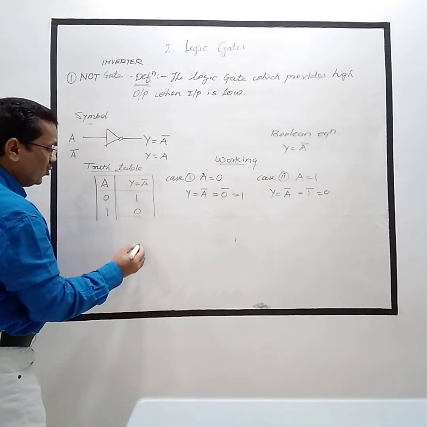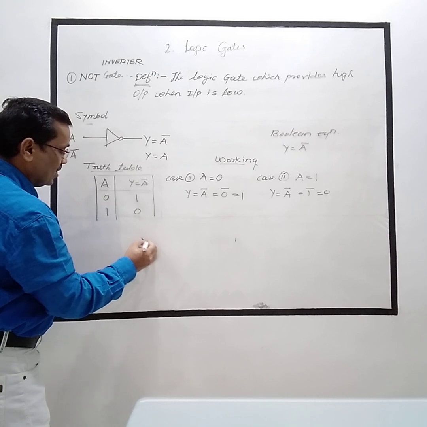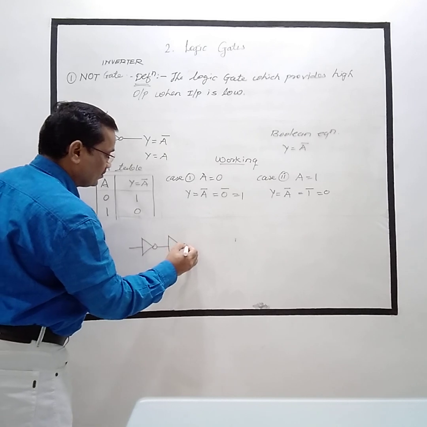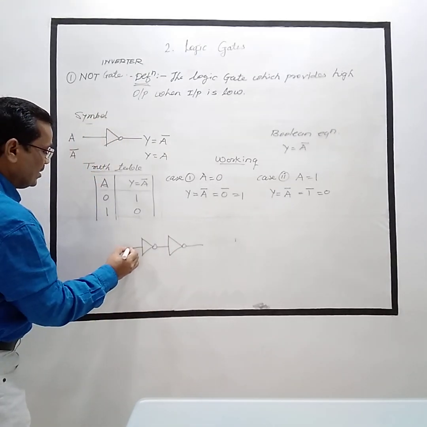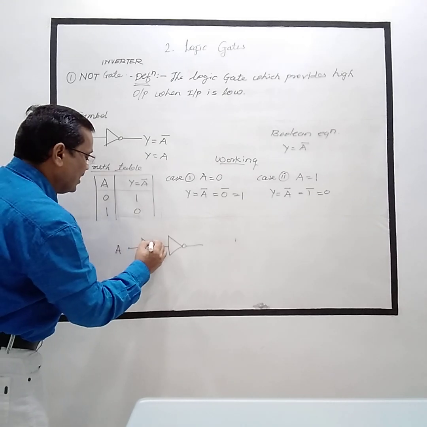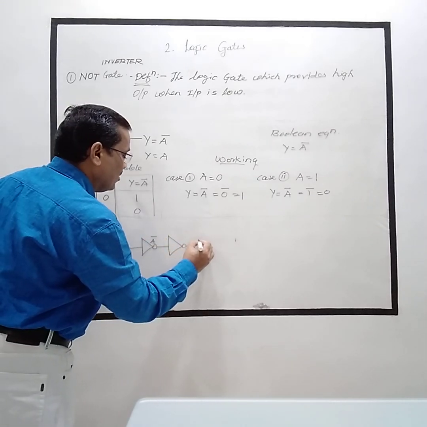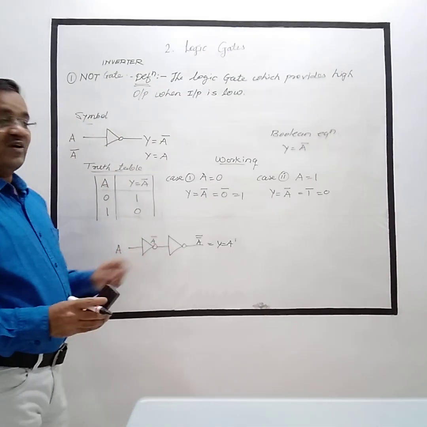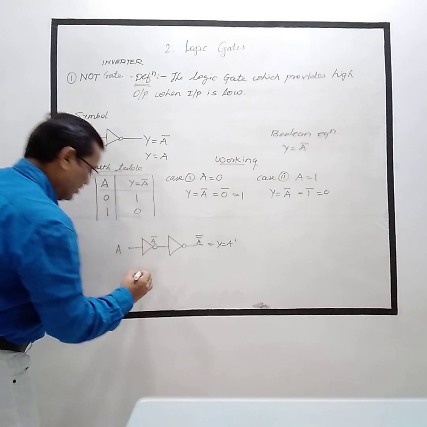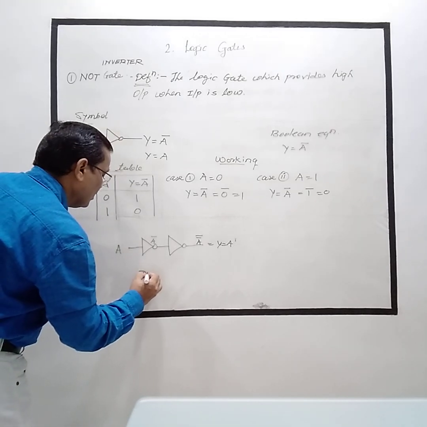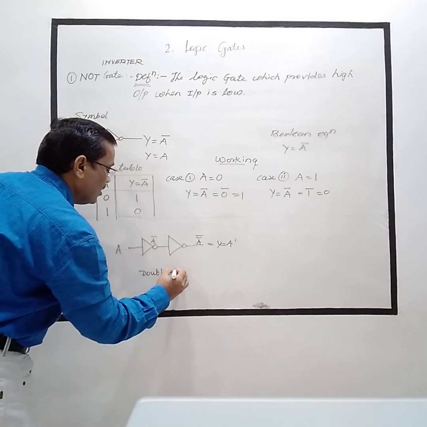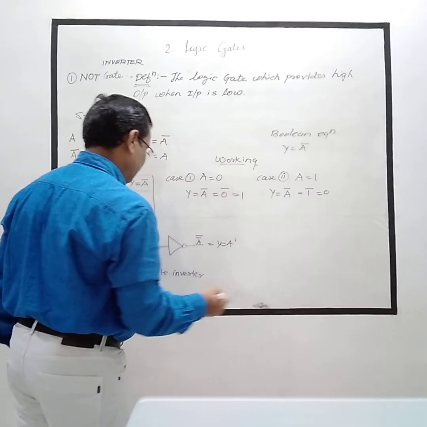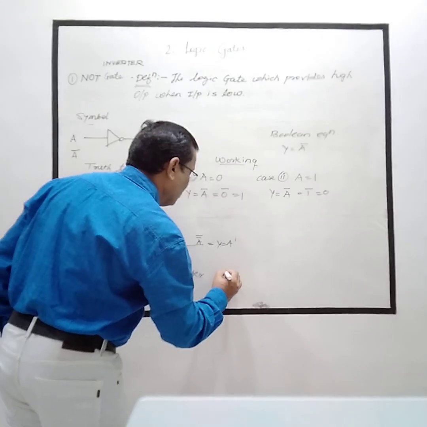Now if we connect two NOT gates end to end, if this input is A, here it is A bar, and here it is A double bar, that is equal to A, so Y is equal to A. It is called a double inverter, which is also called a buffer.